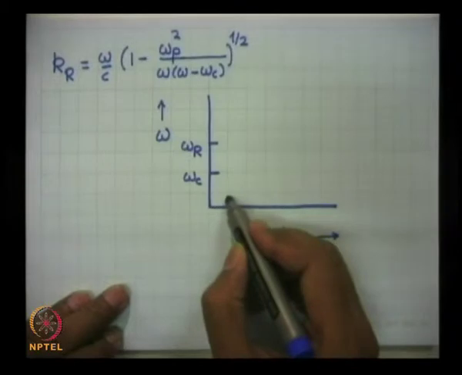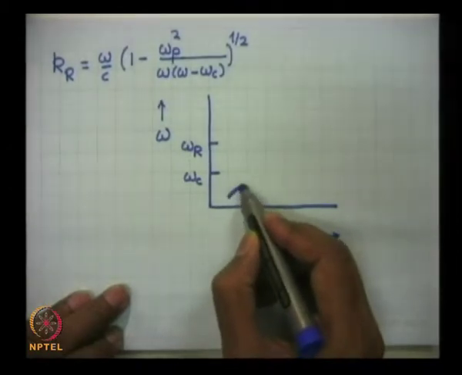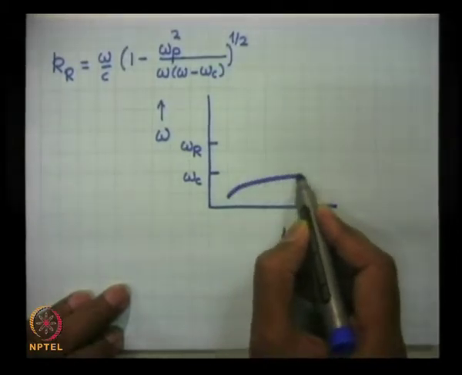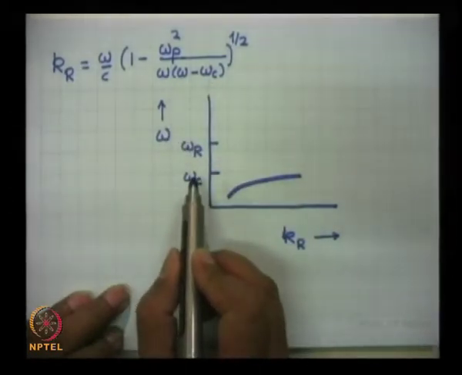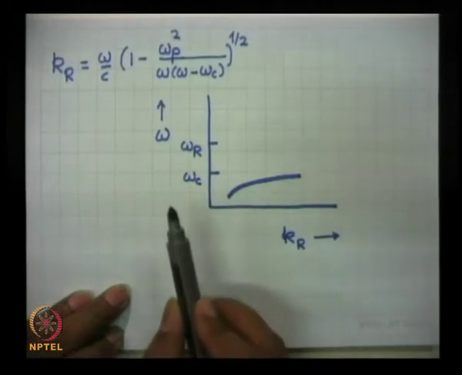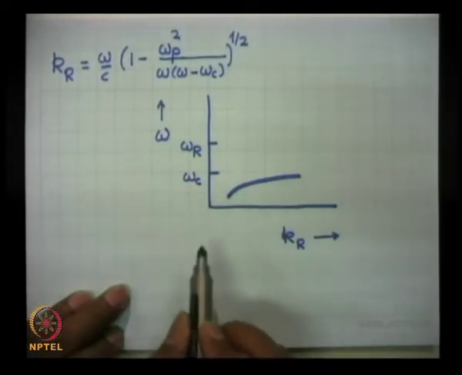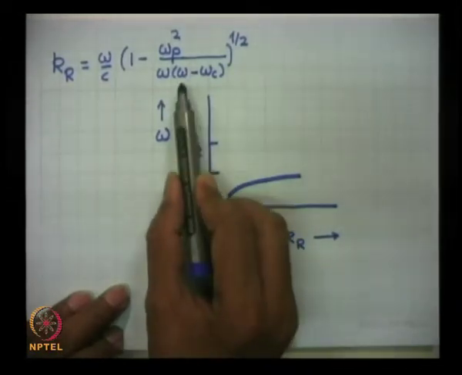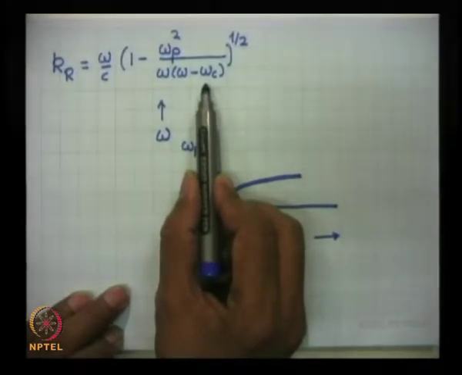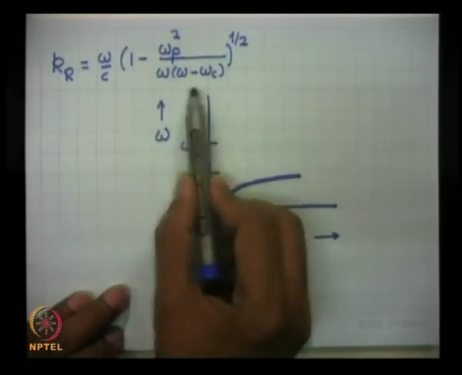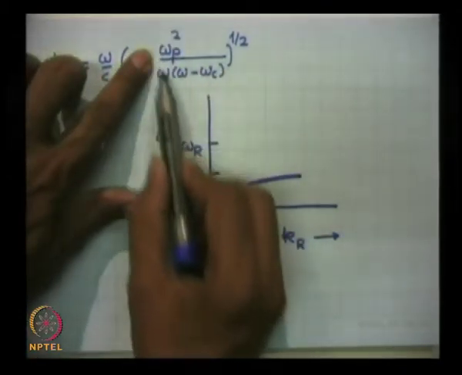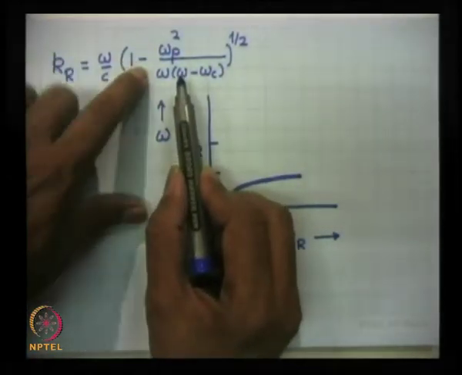So, this goes like this, because as omega approaches omega_c from below, then k_r goes to positive infinity. However, when omega becomes slightly more than omega_c, then this term without the negative sign is positive, but there is a negative sign.